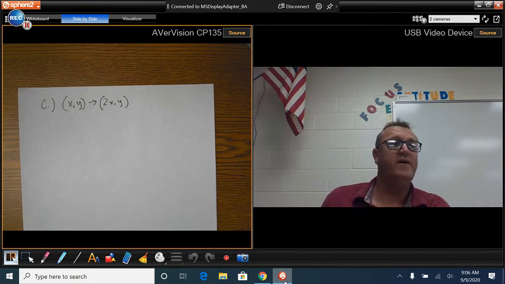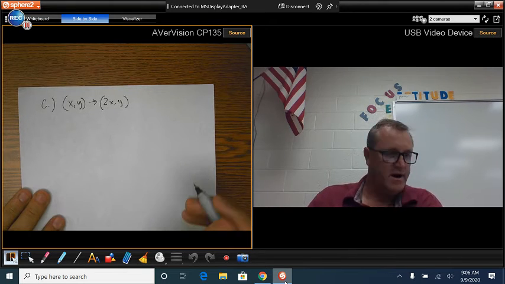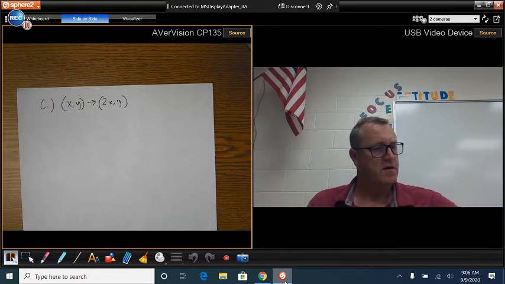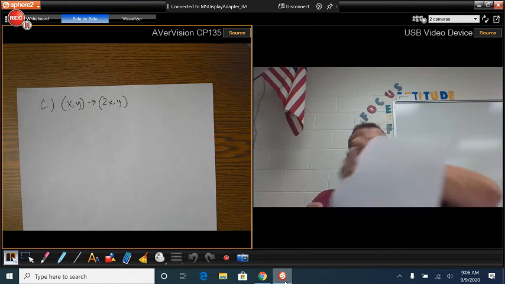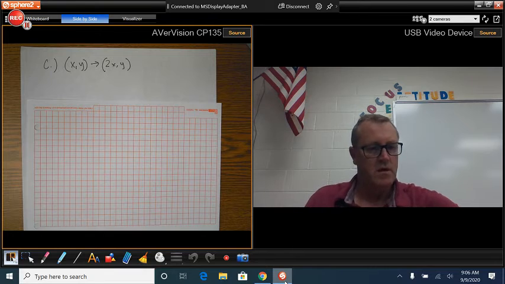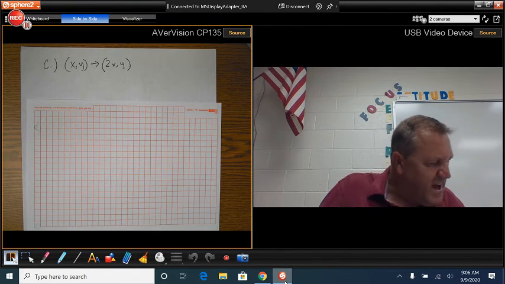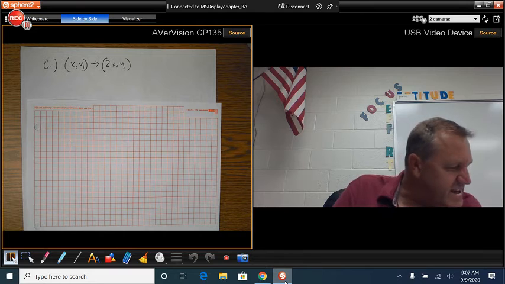All we're doing is multiplying the X coordinate by 2. Okay? And the original graph has J, K, and L. J looks like it's at negative 1, 2.